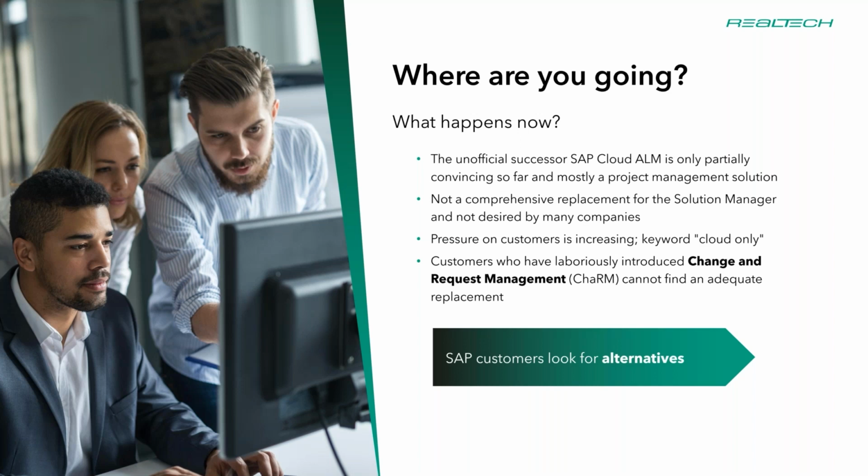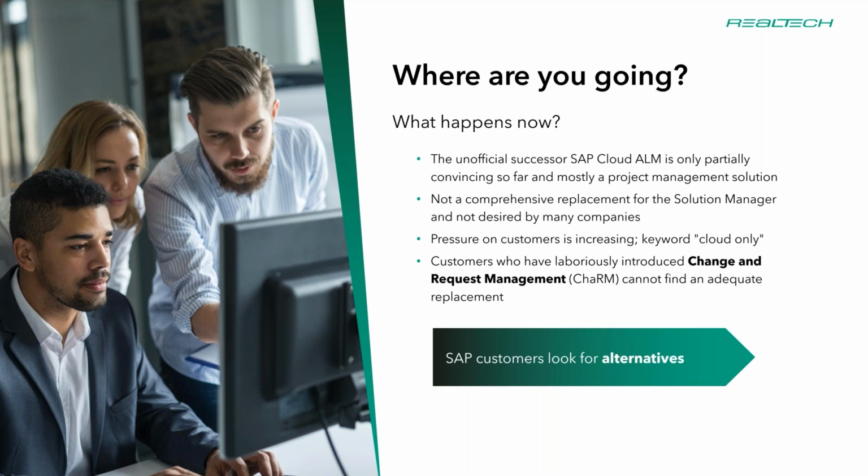They're pushing folks towards the cloud with their new applications such as BTP, along with other applications they're implementing in the cloud. Cloud ALM is really a project management solution. It has a way to do transports, but it's not the same as Charm. It's a totally different process. They're not looking to take SAP Charm and put it into Cloud ALM. So it's really not a comprehensive replacement.